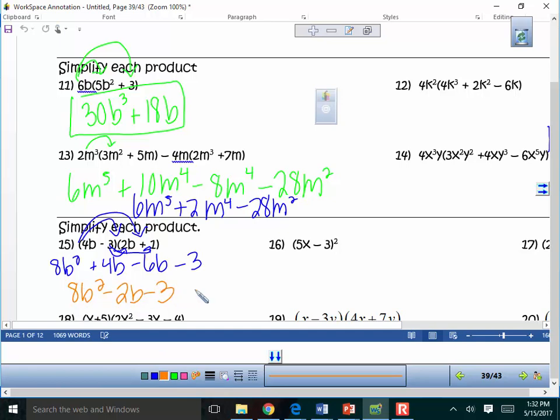Okay, now how many of you just kind of want to factor this? Don't do it. I'll have kids who will distribute, multiply it all the way through, and then they'll factor it back out to where they get the original problem. If it says multiply, multiply, and if it says factor, factor, but don't do both, okay?